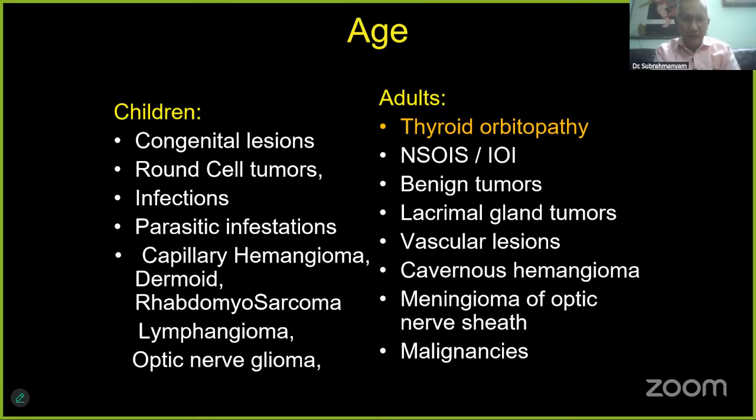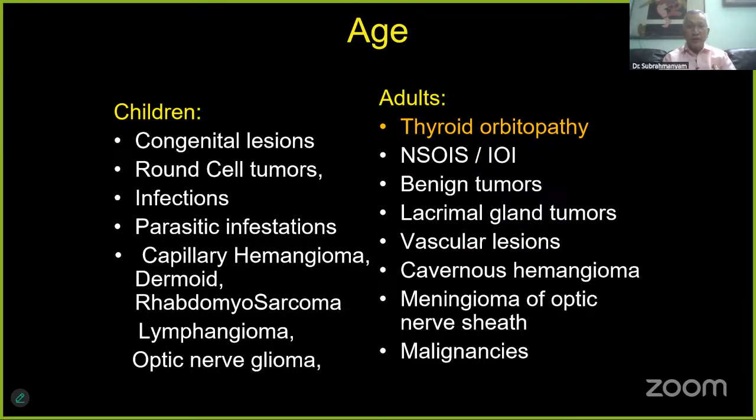The importance of age. Now, if you look at the causes of proptosis, there are certain differences depending on the age group. Among children, the more common ones are congenital lesions associated with shallow orbits, like craniostenosis and other things, where the orbit can be shallow and the eye can be prominent.